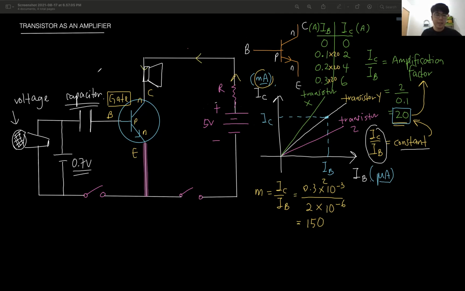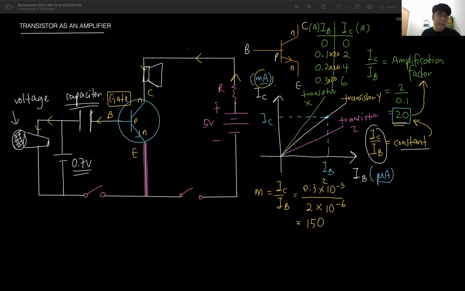Enters the collector, and sometimes the current can flow over here. It can flow to the microphone. We don't want that to happen. If current flows in the microphone, which is supposed to be the input, there should be no current flowing to the microphone.